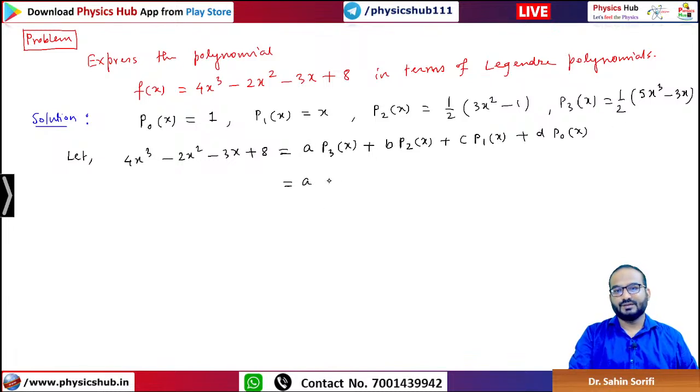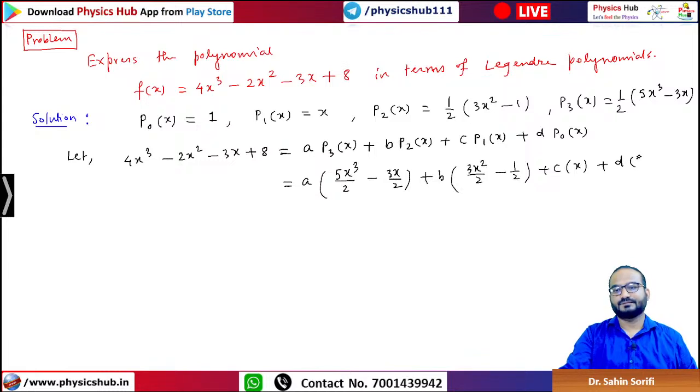So p3x is 5x cube by 2 minus 3x by 2, p2x is 3x square by 2 minus half, p1x is x, p0x is 1.